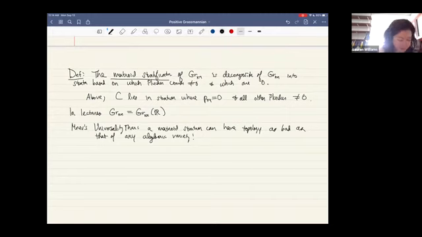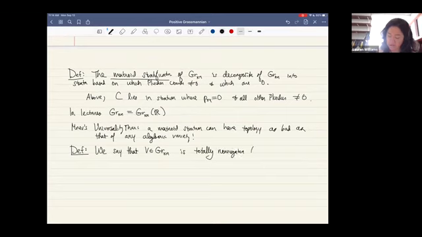Okay, now let me start talking about the positive Grassmannian. We say that an element in the real Grassmannian is totally non-negative, which I'll sometimes abbreviate as TNN, if, up to a global change of sign, all Plücker coordinates are non-negative.